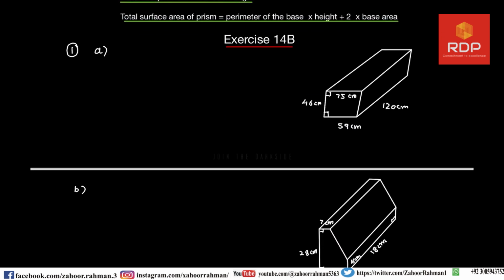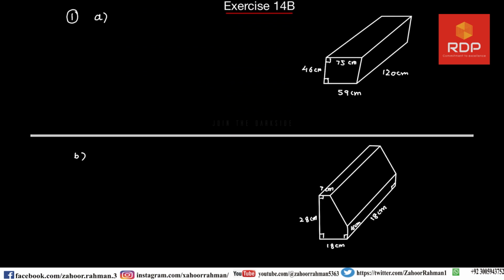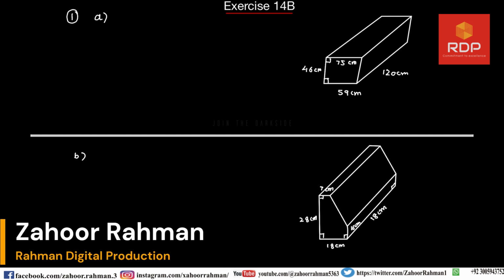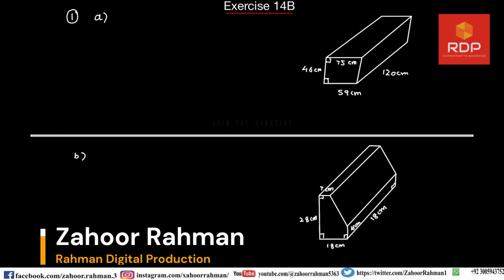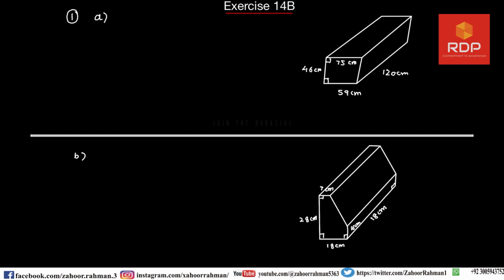The first question says, in exercise 14b, by first identifying the base, find the volume of each of the following prisms. Remember that if you are making slices of a prism, all the slices will always be equal.